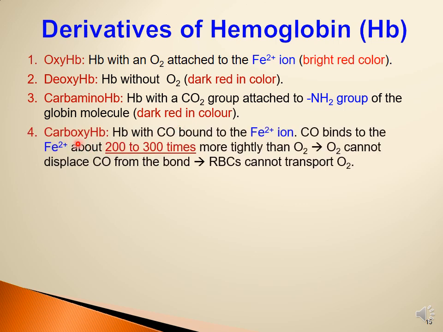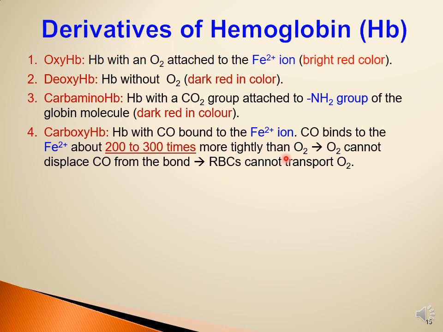We have another form of hemoglobin which is abnormal, which is pathological, and this is really serious. It is called carboxyhemoglobin. It is hemoglobin with carbon monoxide. When carbon is incompletely burnt, when we have a shortage of oxygen, this will produce carbon monoxide. Carbon monoxide is dangerous because it binds to the ferrous ion in the heme ring. Carbon monoxide binds to the ferrous iron about 200 to 300 times more tightly than oxygen.